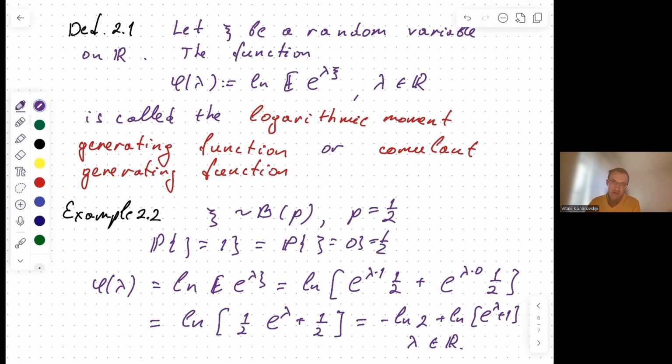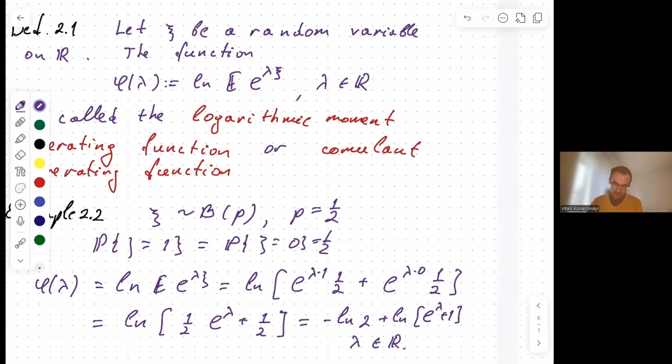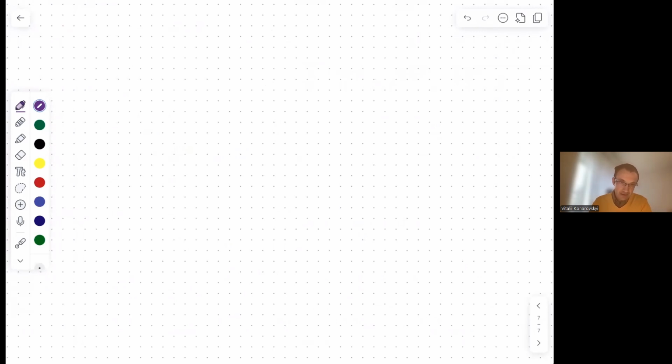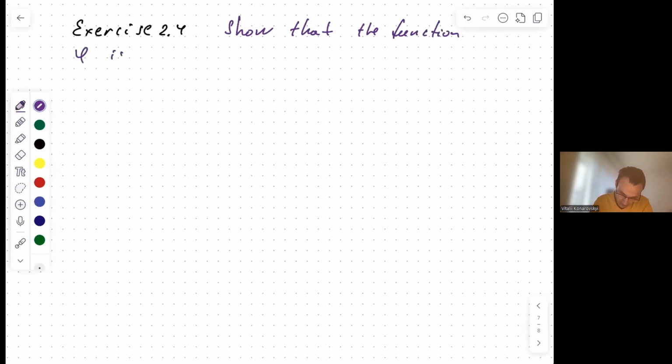One of the properties of the cumulant generating function is its convexity. This function is convex. Let me consider this as an exercise: to show that the function phi is convex.